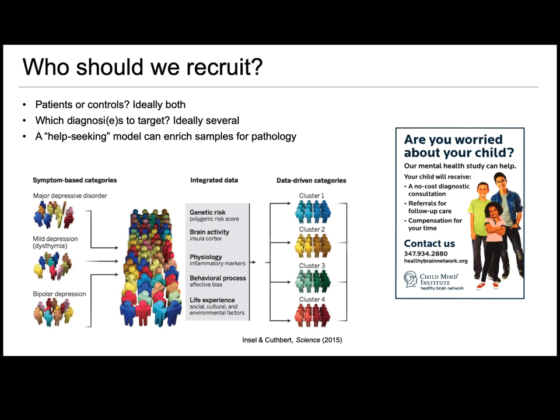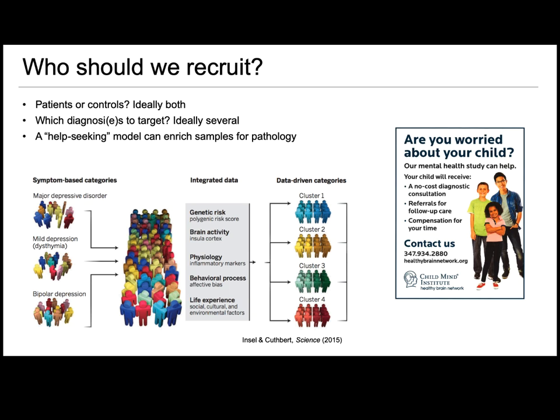And they use what I think is a really cool model where they just advertise basically all over New York, in the subways, on the buses, everywhere, and they're asking this very broad question, which is, are you worried about your child? And most parents are, in one way or another. But they're not asking specifically about attention symptoms or anxiety symptoms.